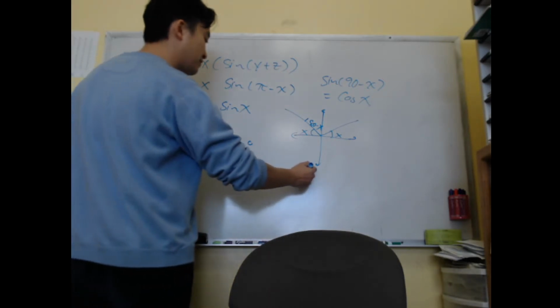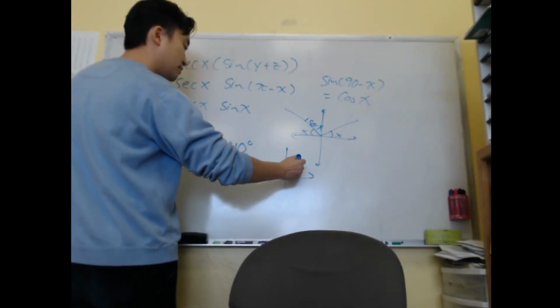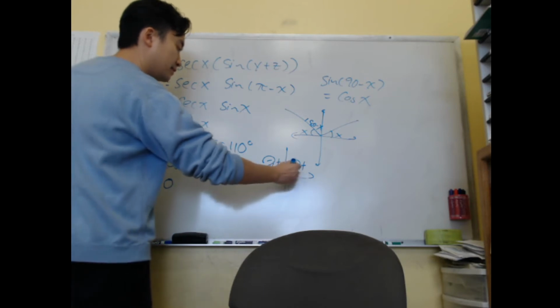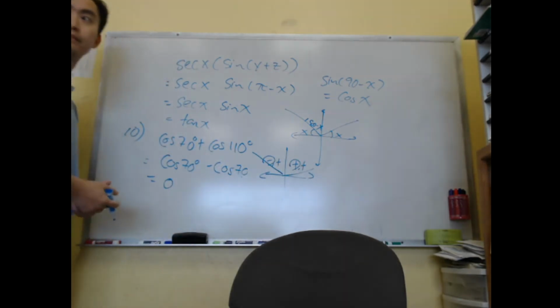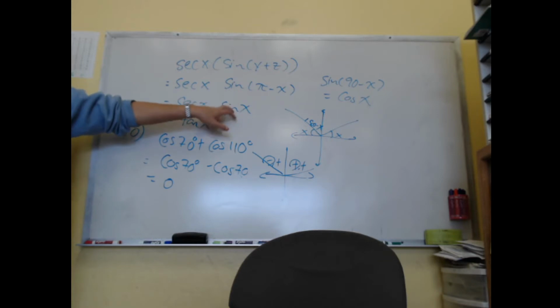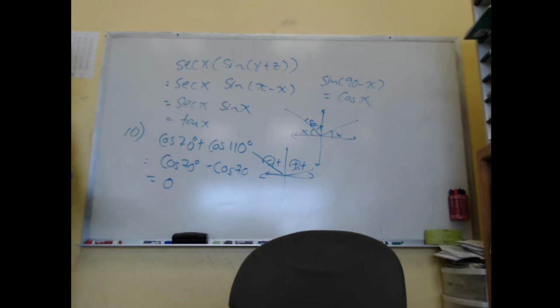Again, it's all about the reference angle. Pi minus x only works for sine. That doesn't work for cosine. This one's right, because that's in the second quadrant, so that's why it's positive. So for cosine in the second quadrant, what's negative? What do you think?